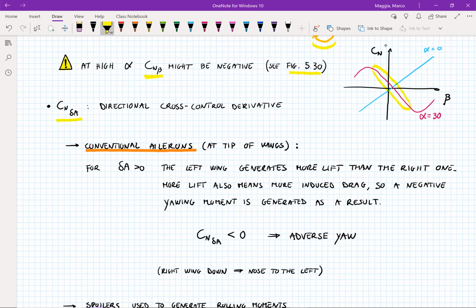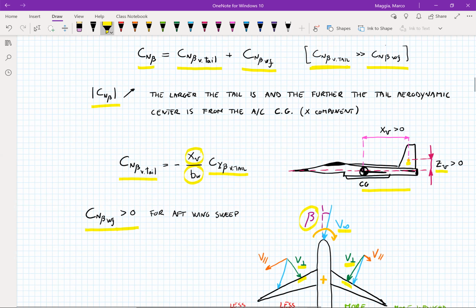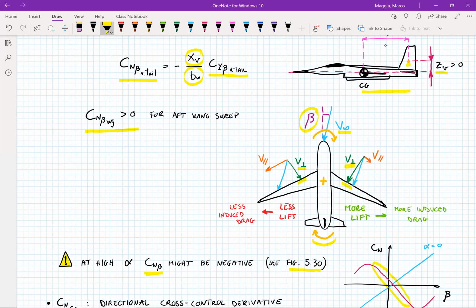Now, for conventional ailerons, just imagine this aircraft over here. This is a conventional aircraft with the ailerons placed near the tips of the wings.